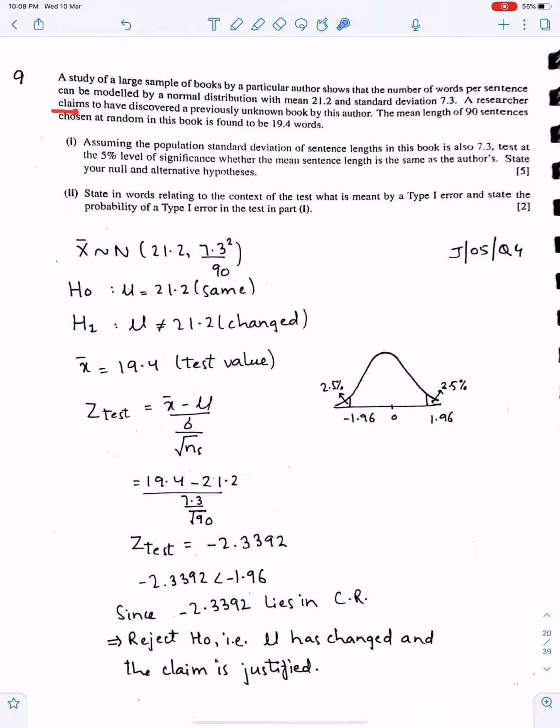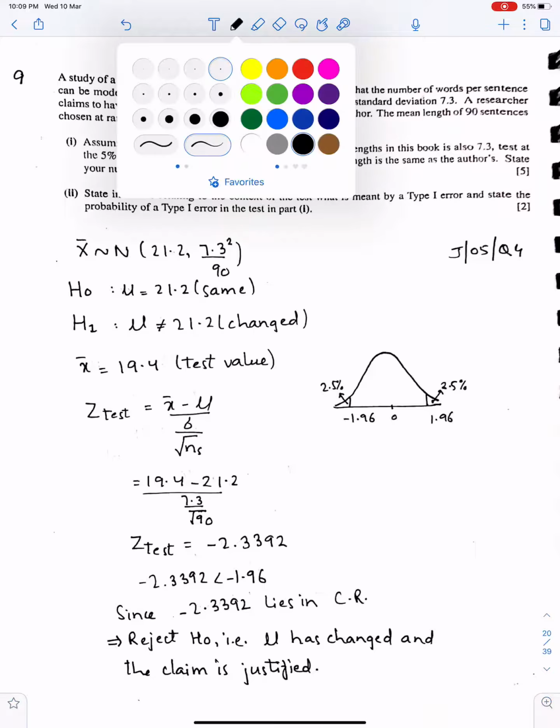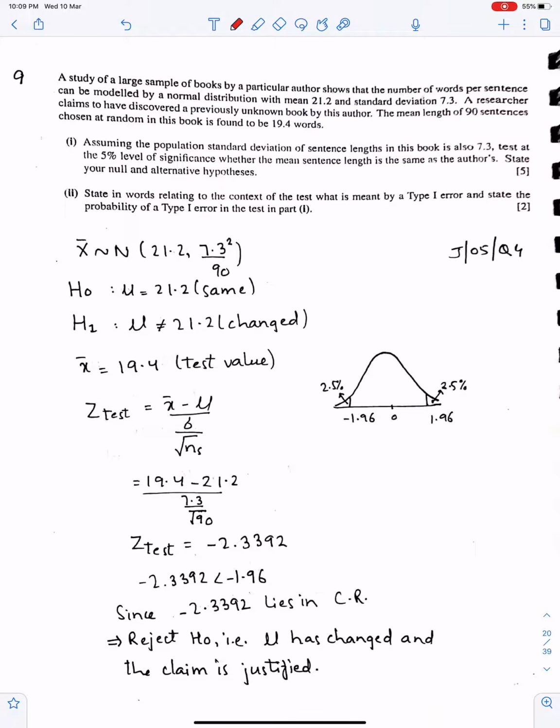A researcher claims, now this is the claim, to have discovered a previously unknown book by this author. The mean length of 90 sentences, this is N, sample size, is 19.4. This is the test value. This is X bar, and this is the mu of normal distribution, and this is the sigma of normal distribution.